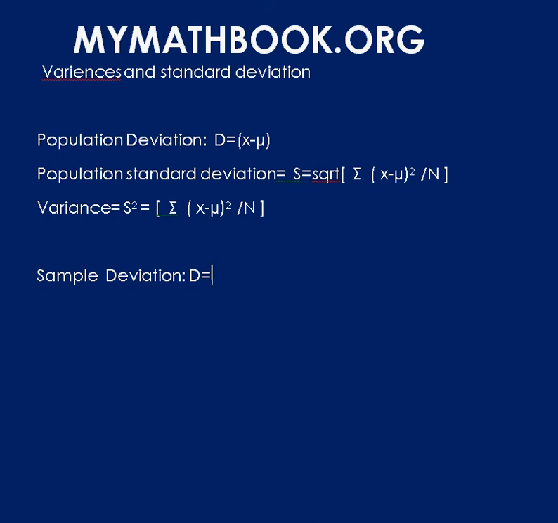So let's say x minus a bigger X, where the bigger X is the mean, and the little x is any data that you could find.